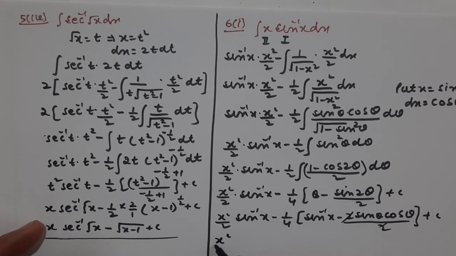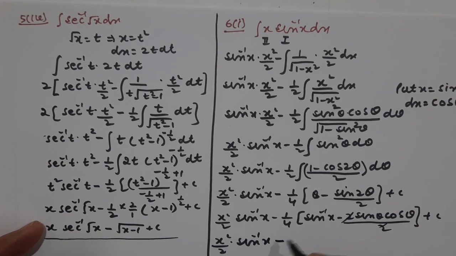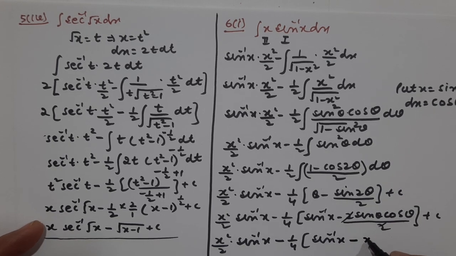So we get x square upon 2 into sine inverse x minus 1 by 4 sine inverse x. Value of sine theta is x, and value of cos theta is under root 1 minus x square.